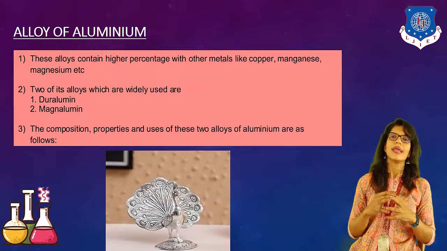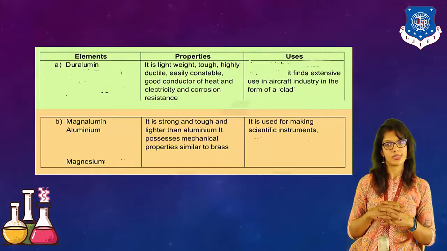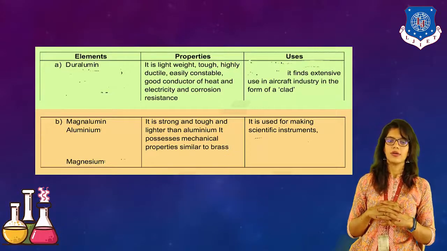Now, let's take a look at the composition, uses and properties of these alloys. Here, the first one which I have shown you is duralumin.